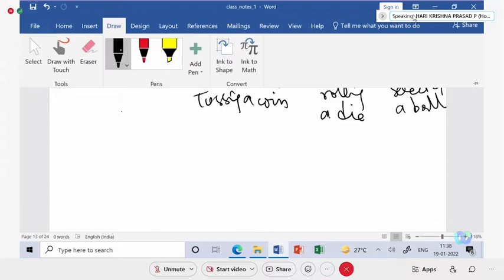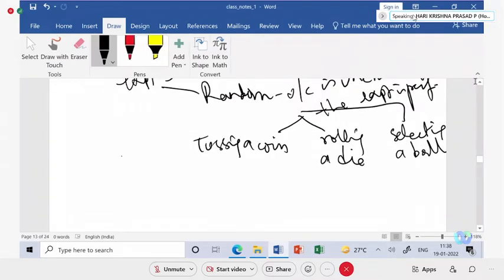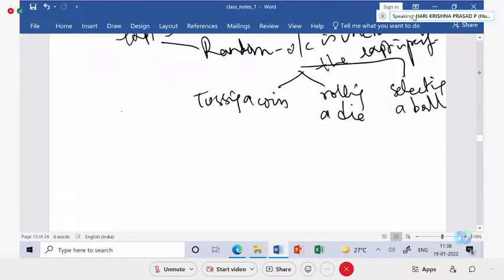When it comes to the random experiments that are listed over here, picking a card. Very good example. Normally, I will not explain this example.